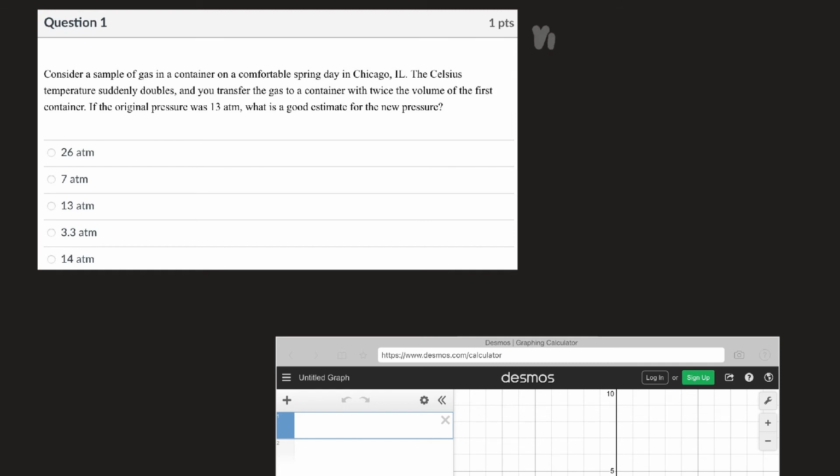V1, P1, T1, N1. We don't lose any gas, so I don't need that one. But I need a V2, P2, and T2.